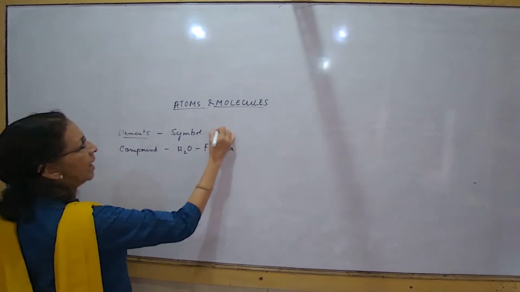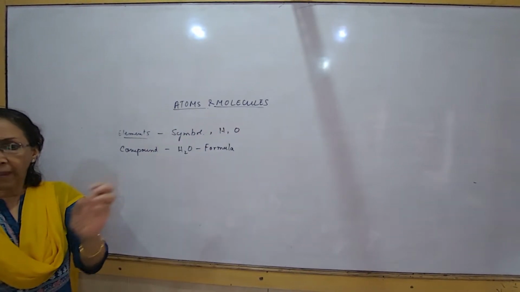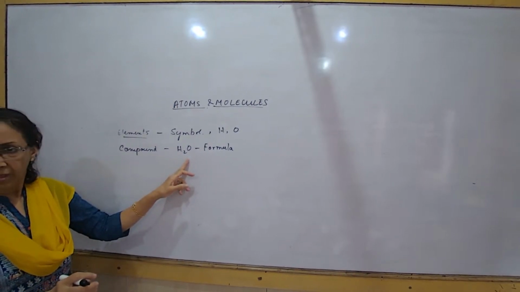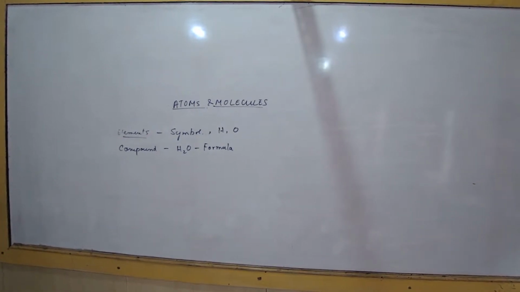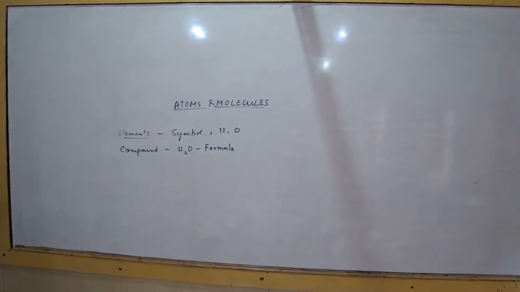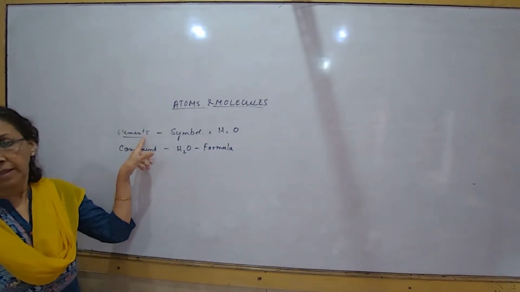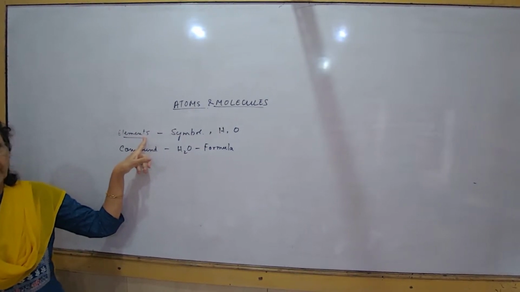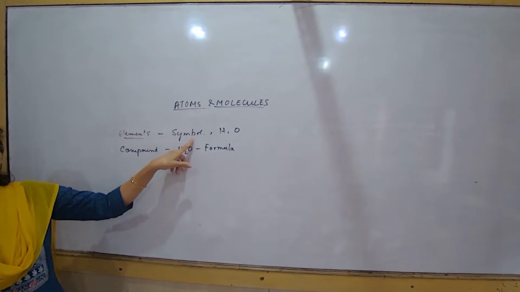For example, hydrogen, oxygen, these are all symbols. But if they combine together, it forms a compound. Like for example, okay, write down this, leave half a page now. Half a page for your homework. Okay, write down: an element is represented by using a symbol.